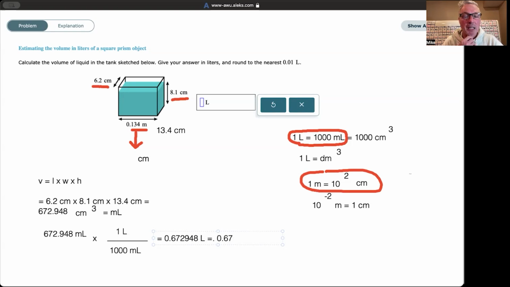Do I make it 0.68 or do I do 0.67? Well, they want it to the nearest hundredth of a liter, so 0.67 liters. Why did I round it down? Because the 2948 is less than, if it was 0.675 something.